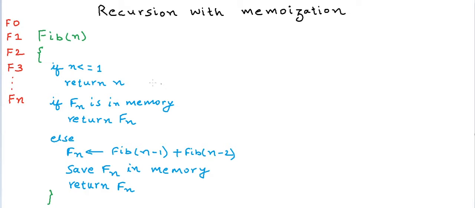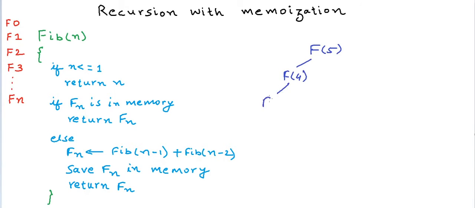Now let us see how this program improves on our previous recursion. Say we again want to calculate f5, and this makes a recursive call to f4. This makes a recursive call because we do not have f5 and f4 in memory yet. We have not finished calculating them even once.